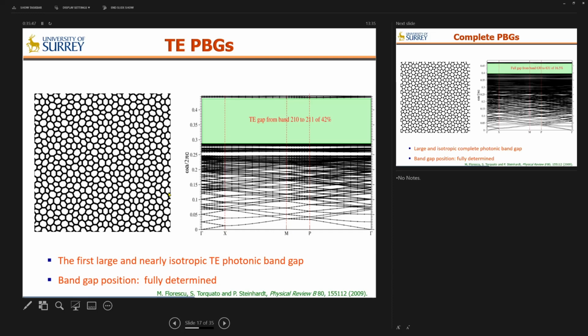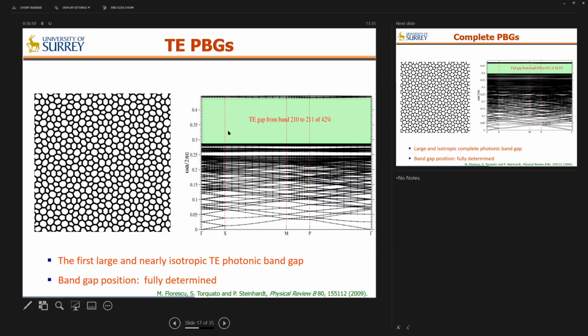Well, for TE photonic bandgaps, what we do is create cells around each of the points of the Penrose pattern. So here, as the center of the cell, in each cell, we have the point associated with the Penrose pattern. We create a cell around it, and then we obtain a network, this trivalent network shown here.